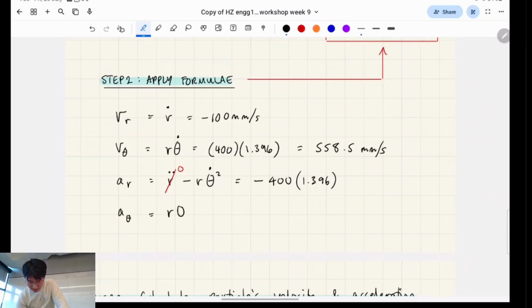Okay, and then this next one is the next formula. This component is 0, so it cancels out the whole thing. And this part, I'll write it out, is 2 multiplied by the change in radius, negative 100 mm per second, and this one is 1.396.